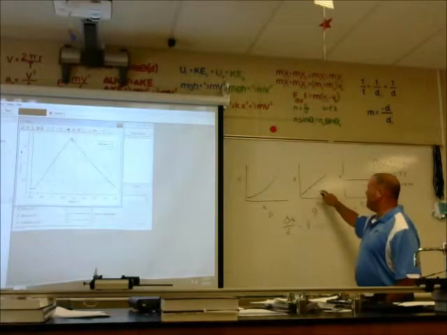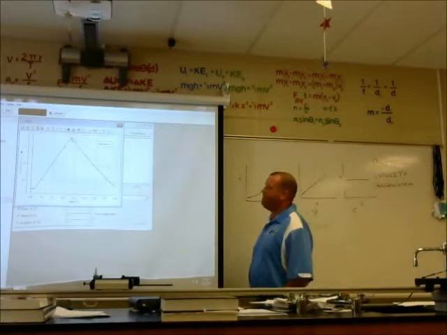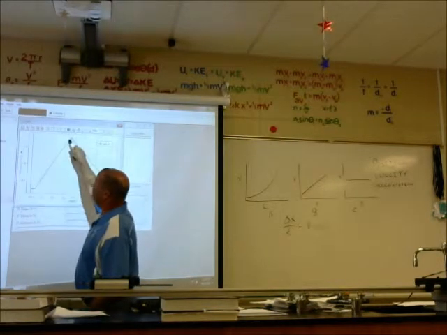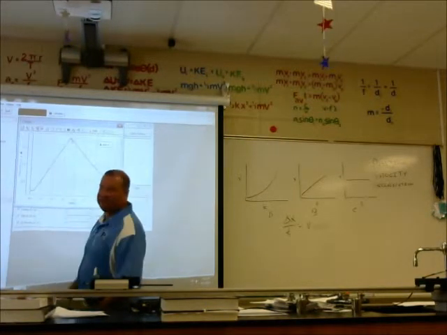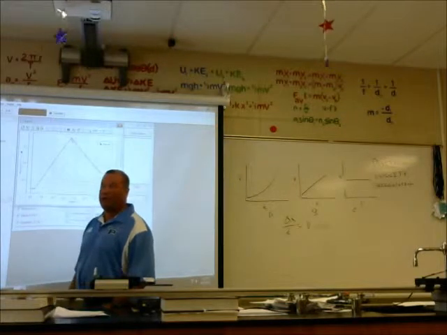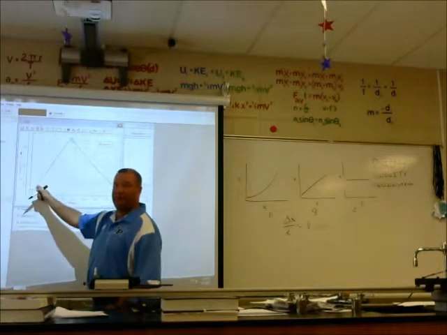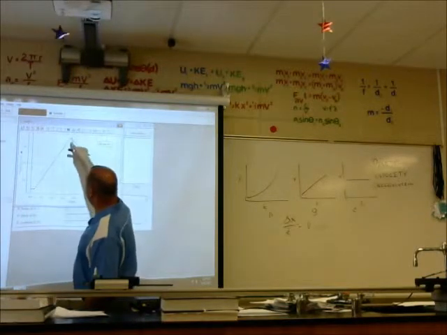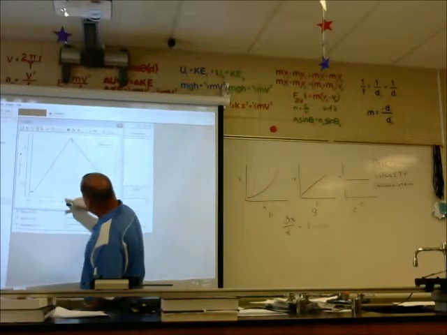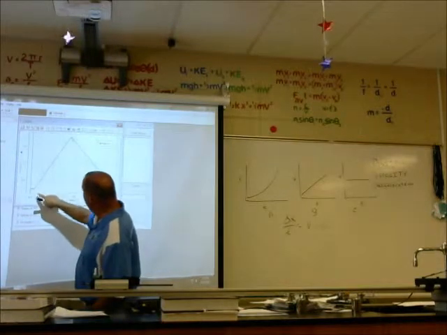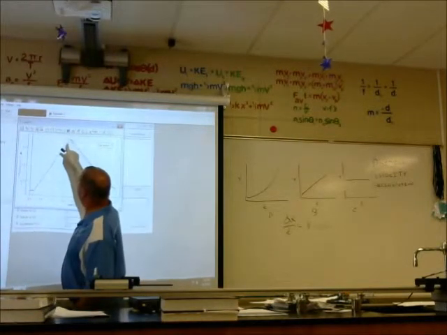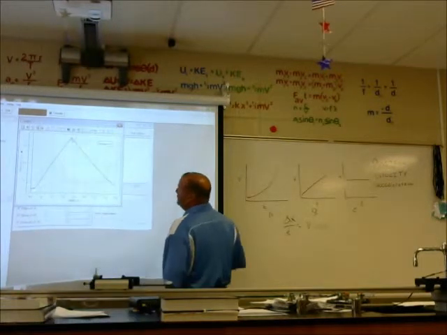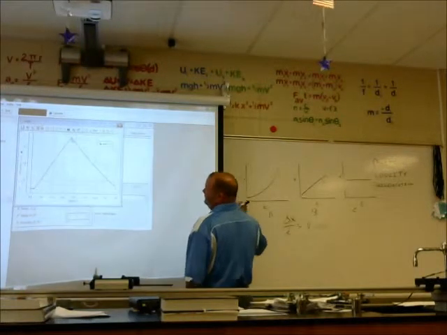So if we look at this graph, is there a way I can determine how much distance it changed over a certain amount of time? Yes. And what would that quantity be? The slope of this, right? Everybody good there? So if I look at 3.4 seconds, it's at about 1.9, 1.7.